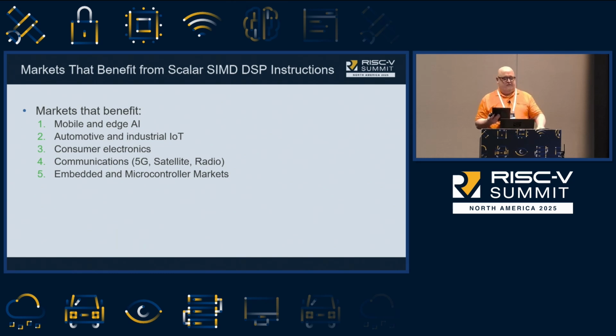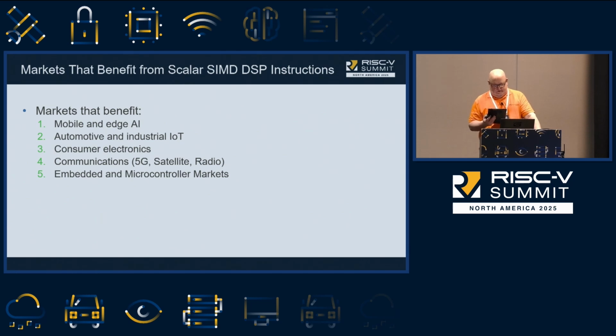Consumer electronics, well, you all have definitely heard the audio DSPs in your speakers, headphones, noise cancellation, echo reduction, image enhancements in cameras, gesture recognition in gaming devices or smart TVs.